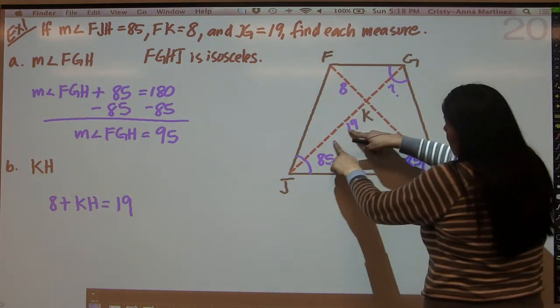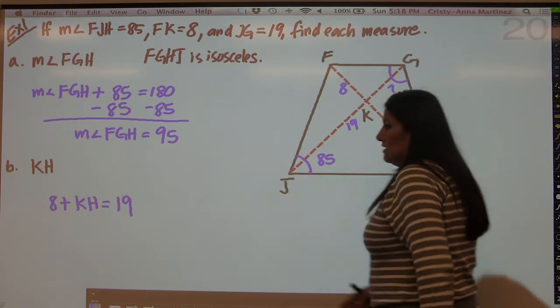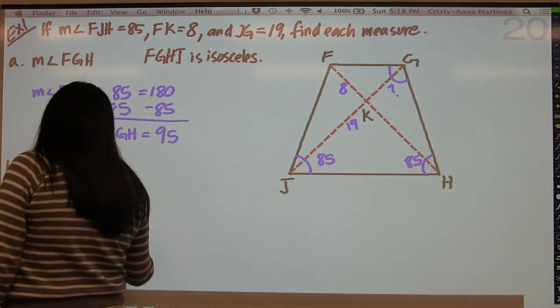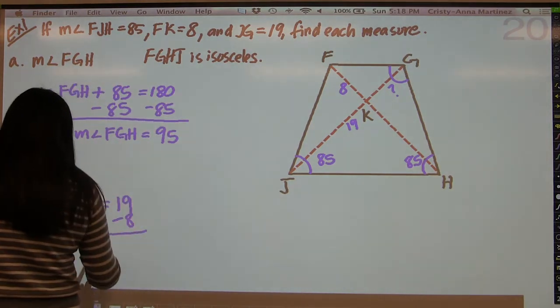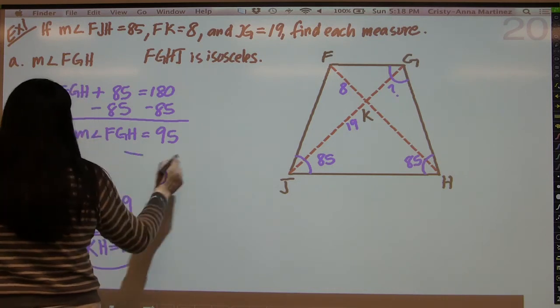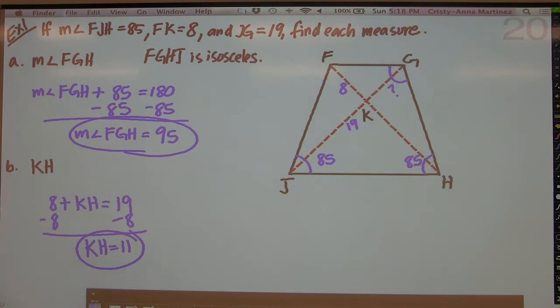And then this entire diagonal, JG, is 19, and they're supposed to be equal to each other. So that's where I'm getting this equation from. So I'm going to subtract 8 from both sides. So that means that KH equals 11. So not really complicated, but that is how you can apply some of these theorems to find these measures.